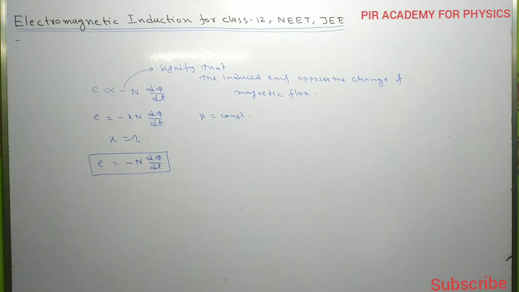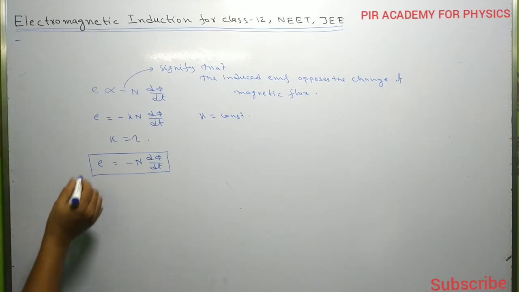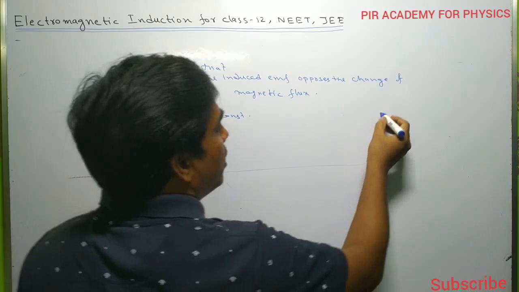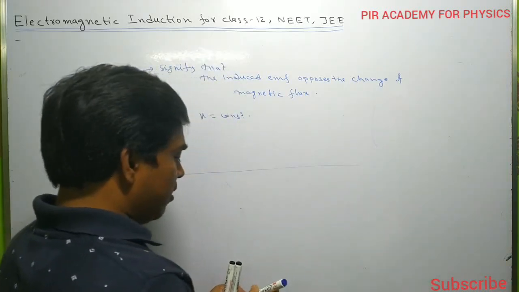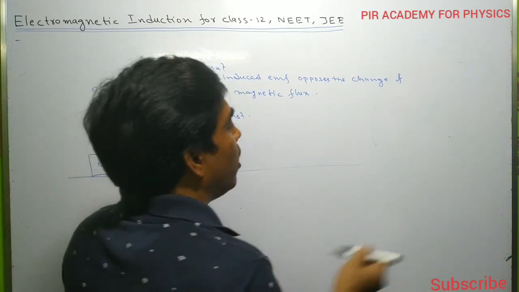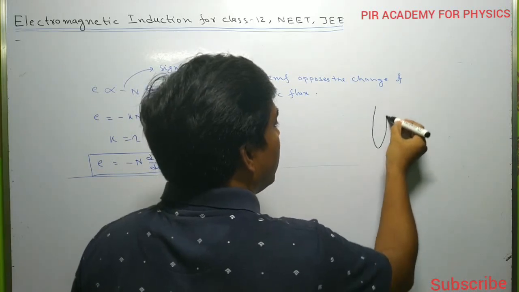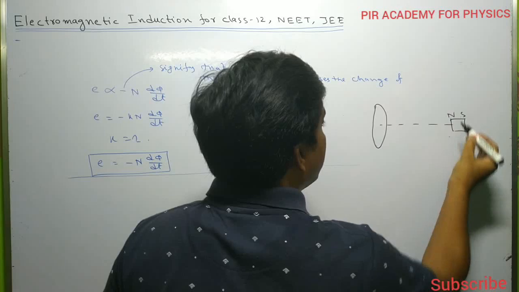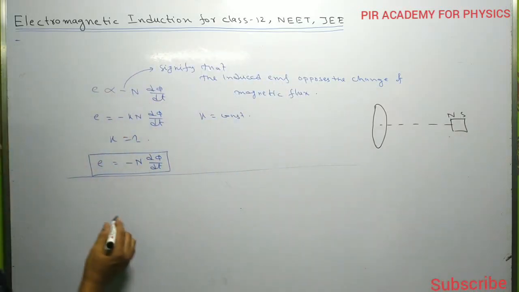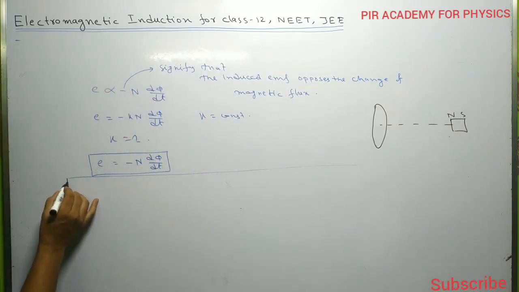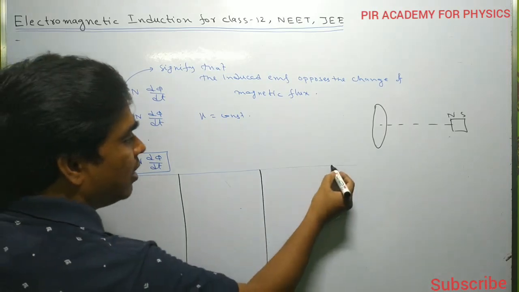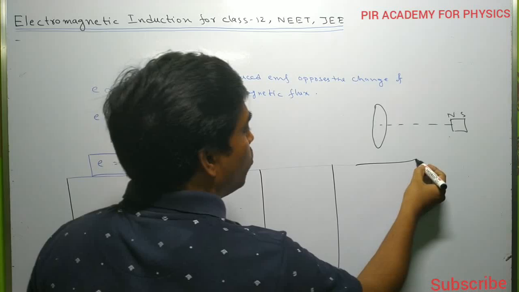Now you have to know what is induced. This is the induced EMF, and suppose this is a circuit, this is a loop, and this is a magnet NS. So you have to find out the induced EMF, induced current, induced charge and induced power.